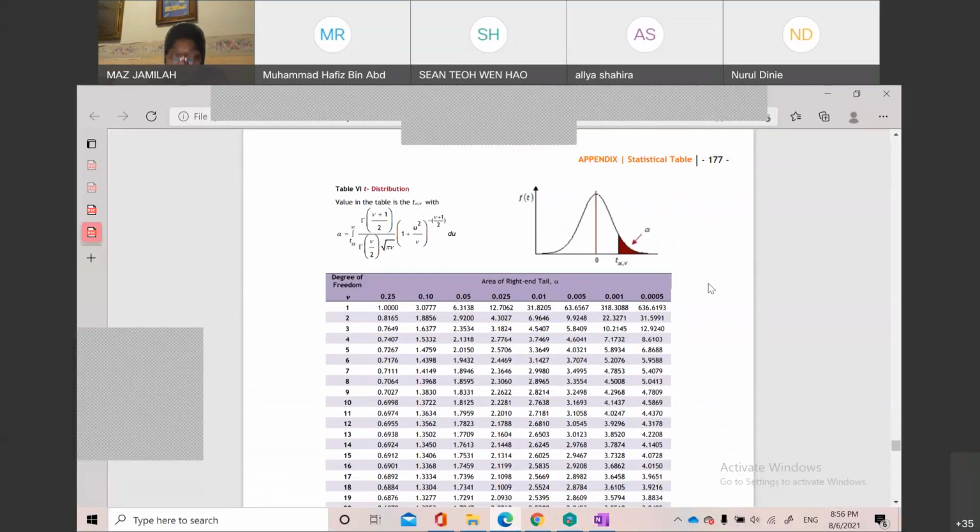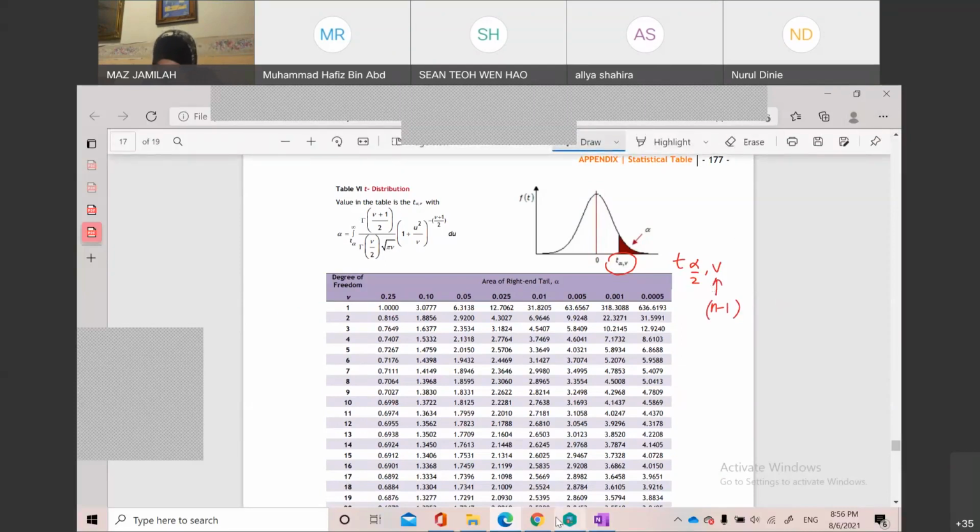This distribution is still normal, but it follows the understanding that your sample will be less than 30. So your distribution will follow t, whereby the parameter involved in your t distribution will be t alpha over 2, v, whereby v is n minus 1.